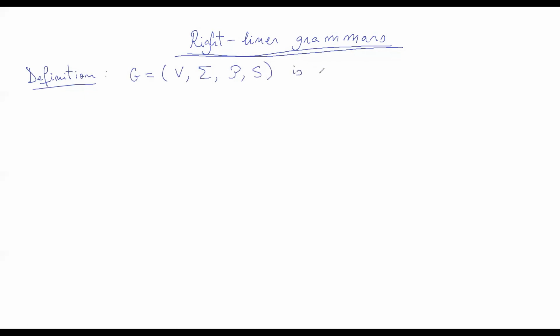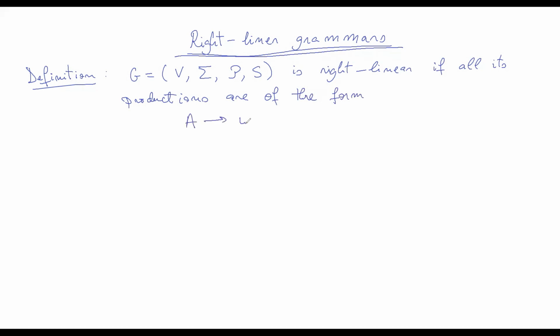And we say that this is right linear, and I will comment in a moment what exactly right linear means, if all its productions are of the form A goes into WB or A goes into W, where A and B, as usual, are non-terminals, so they are in V minus sigma, and W is a string of terminal symbols.